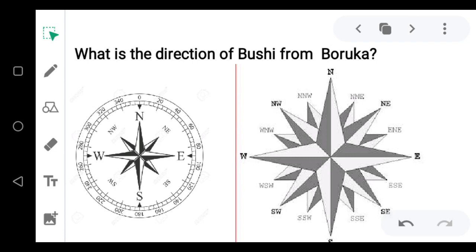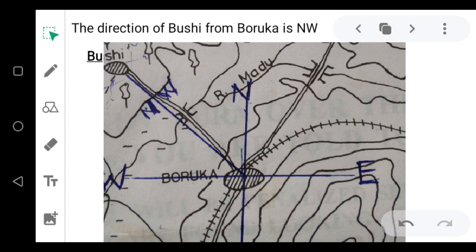Now let's go back to our question. What is the direction of Bushi from Boruka? Can you see Boruka? Can you see Bushi at the top left corner there? So all you need to do is come to Bushi, then join a line down to Boruka. Get your ruler, mark out the 4 cardinal points.